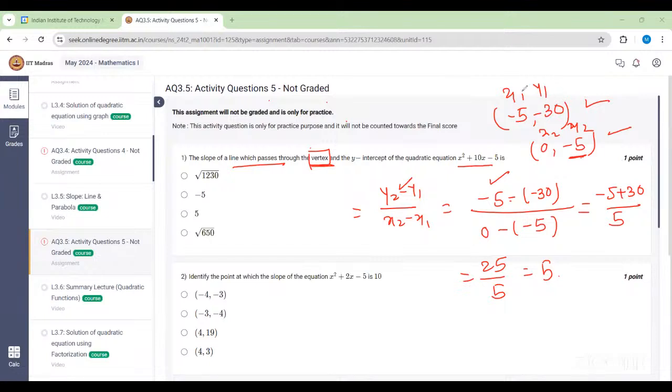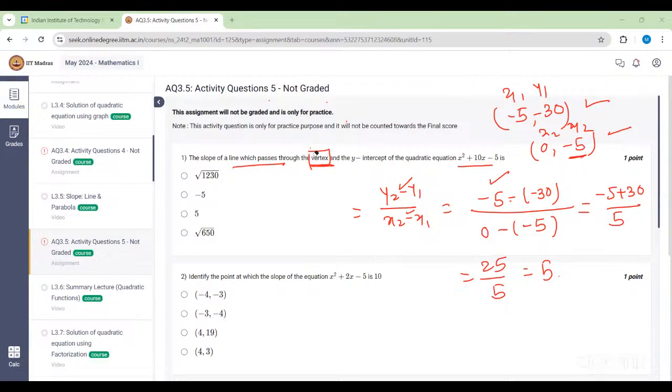The y coordinate of the vertex is minus 30. And x2 is 0, and then minus by the formula, and the value of x1 is minus 5. So minus minus will become plus, and again minus minus will become plus. Ma'am, I'm still confused, how did you get y1 minus 30?